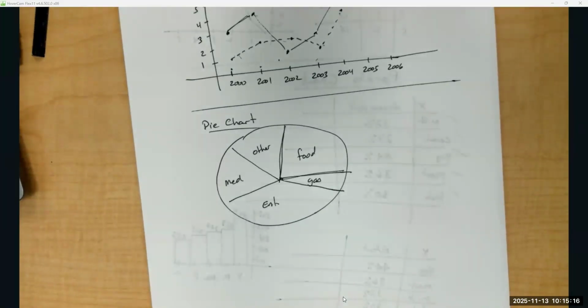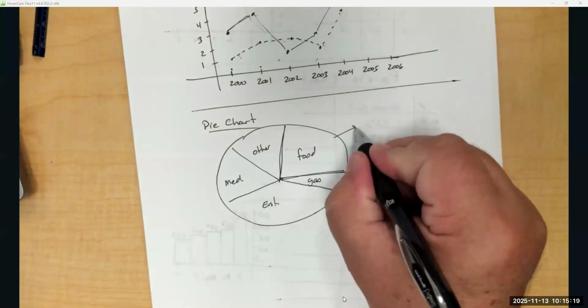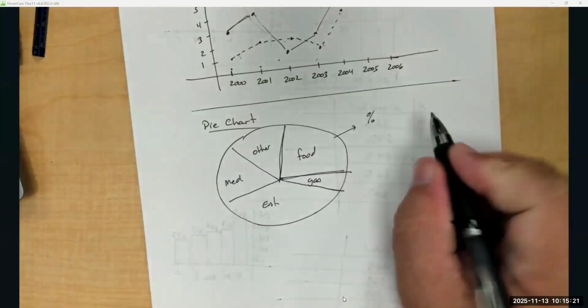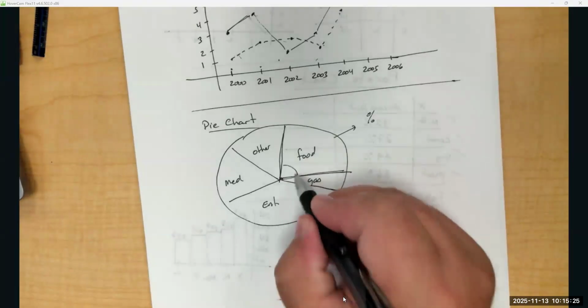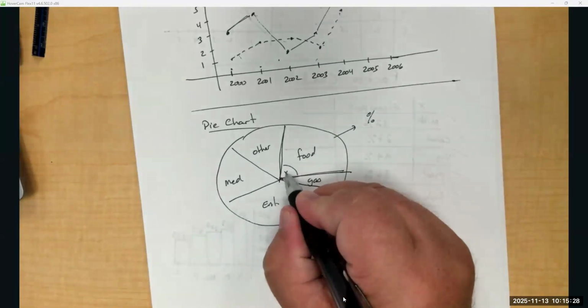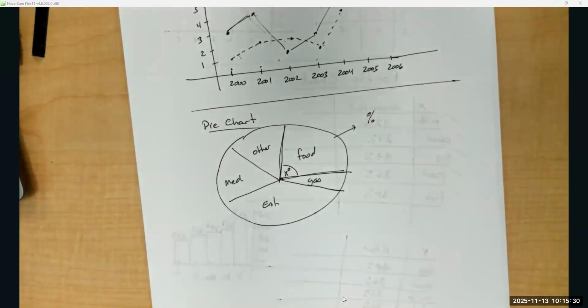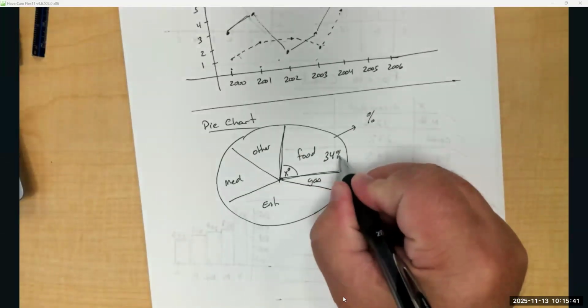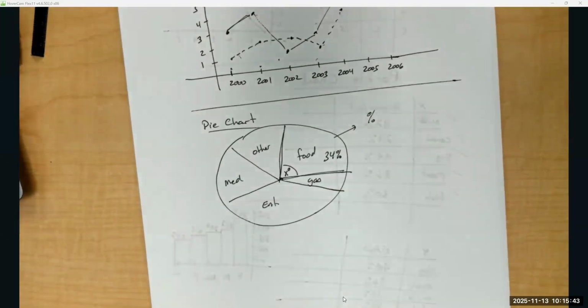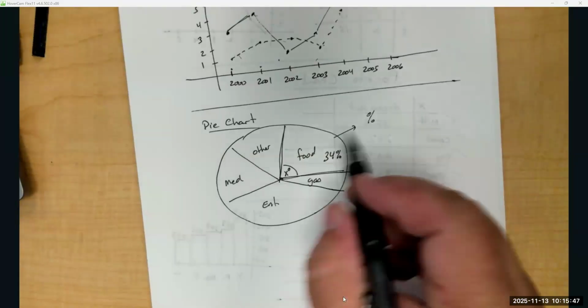What it does is put it into a percent of this circle, how much is in there, by defining it in X number of degrees. So this part of the circle could represent 34% of my income. And that's what that is.